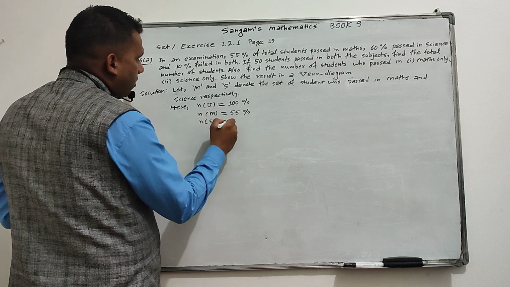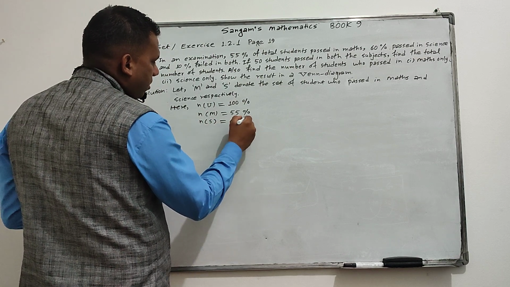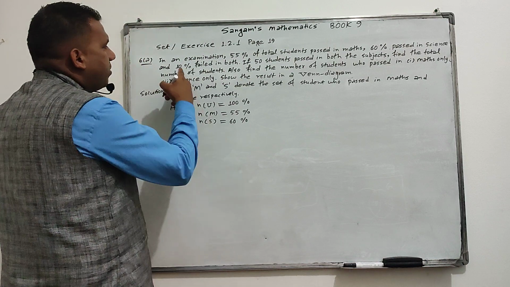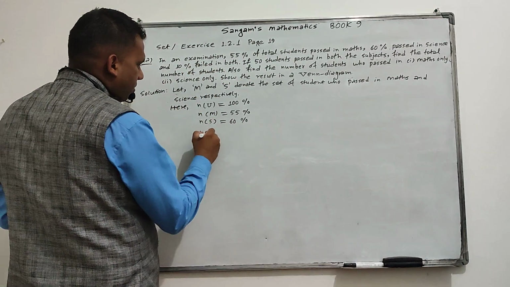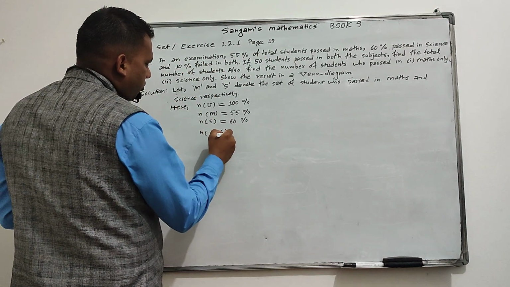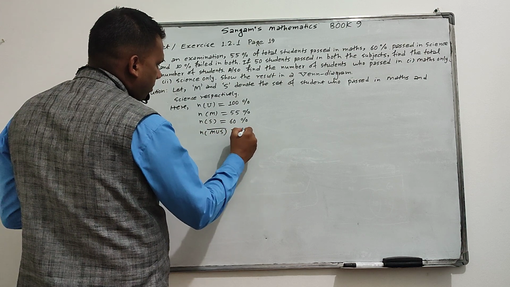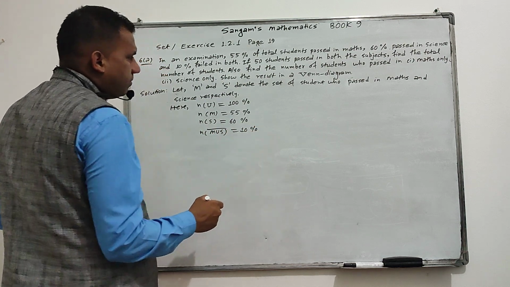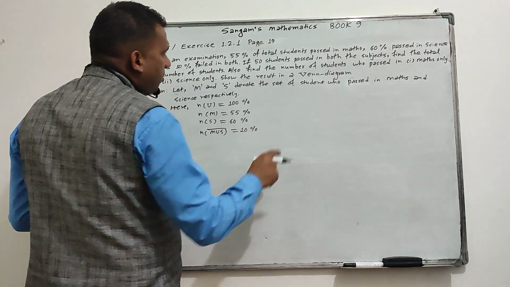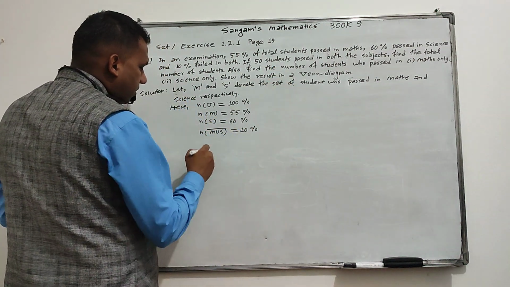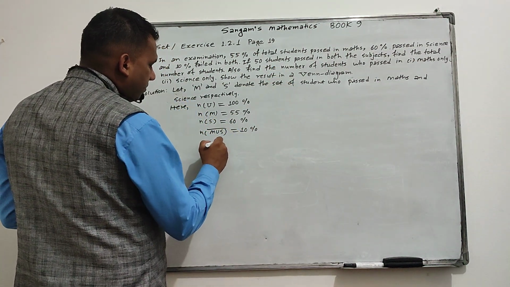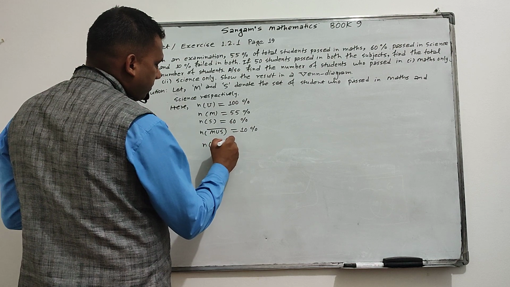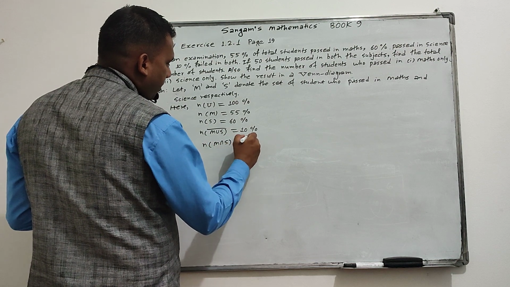Number of S is 60%. 10% fail in both, that is number of (M union S) whole complement equals 10%. 50 pass in both the subjects. Number of M intersection S equals 50.